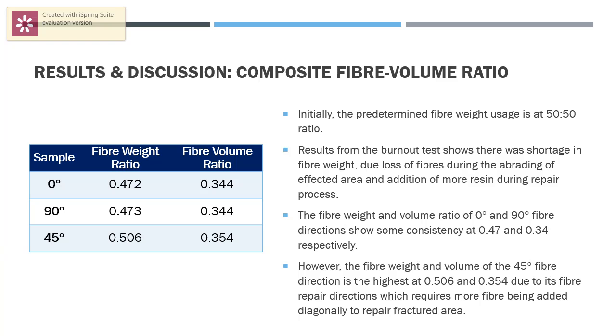The fiber weight and volume ratio of the 0-degree and 90-degree fiber directions show more consistency at 0.47 and 0.34 respectively. However, the fiber weight and volume for the 45-degree fiber direction are the highest at 0.506 and 0.354, due to its fiber repair direction, which requires more fiber being added diagonally to repair the fractured area.